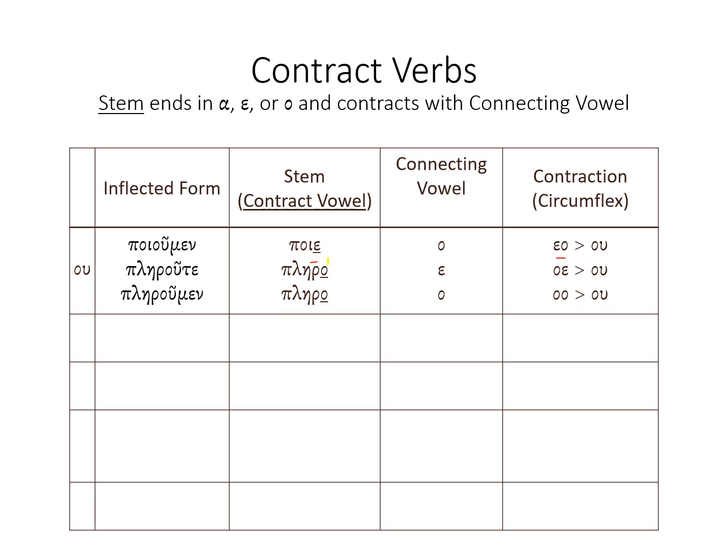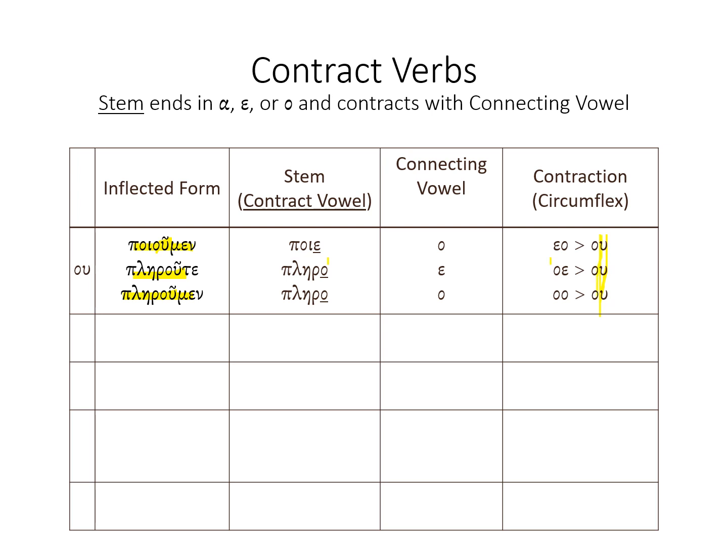This is why all of this is important for us, because in a text we will see this vowel combination and a circumflex over it, and we need to get to the lexical form. And by just looking at poioumen, plēroute, plēroumen, we don't know what the lexical form is. So we have to do some investigative work, lift up the hood, and find out how we get here. Well, how do we get to this particular combination?